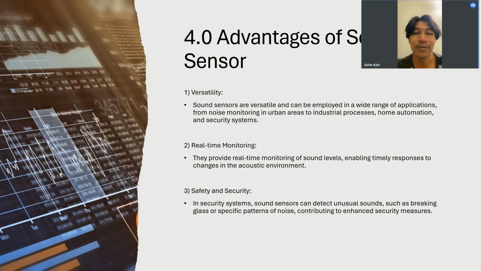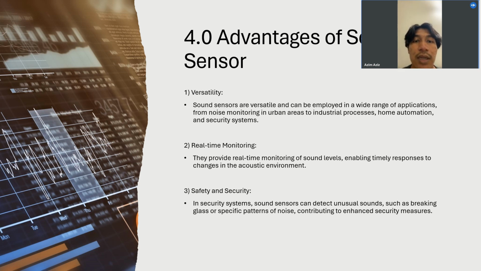Thank you, Azamuddin, for the explanation about sound sensors. And now I want to talk about the advantages of sound sensors. Number one is versatility.